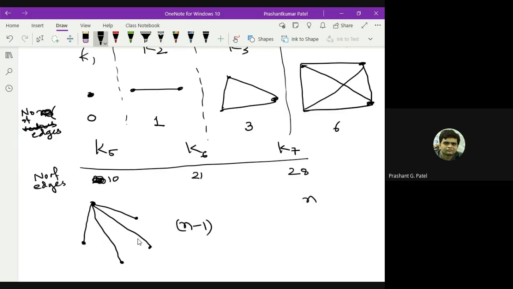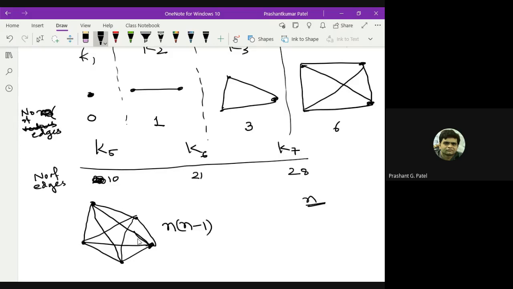Same for this one, same for this one, and each and every vertex we have the same concept. So how many times does this n minus 1 come? How many vertices are there? n vertices. So it is n into n minus 1.